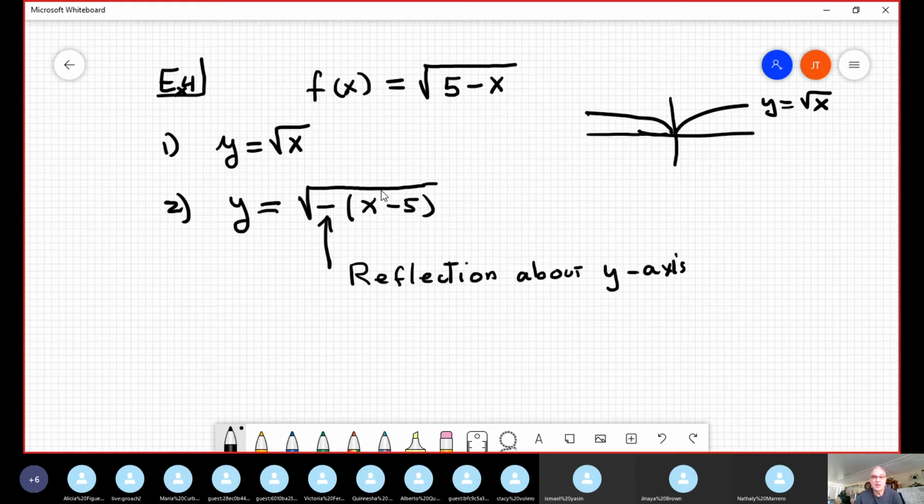And also we have x minus 5, and x minus 5 inside the parenthesis is a horizontal shift, no? But a horizontal shift in what direction? It's horizontal to the right, very well. Horizontal shift 5 units to the right.